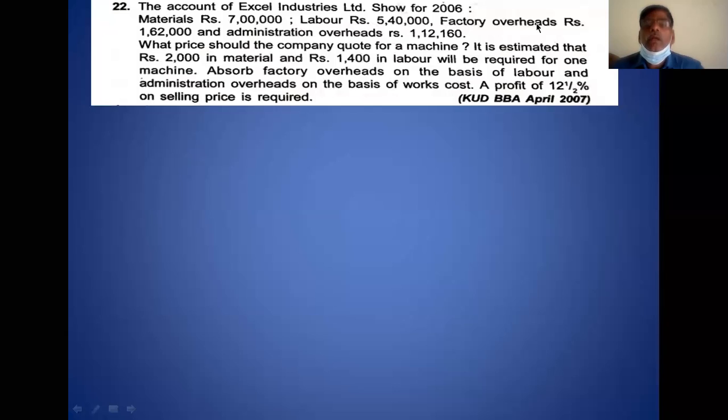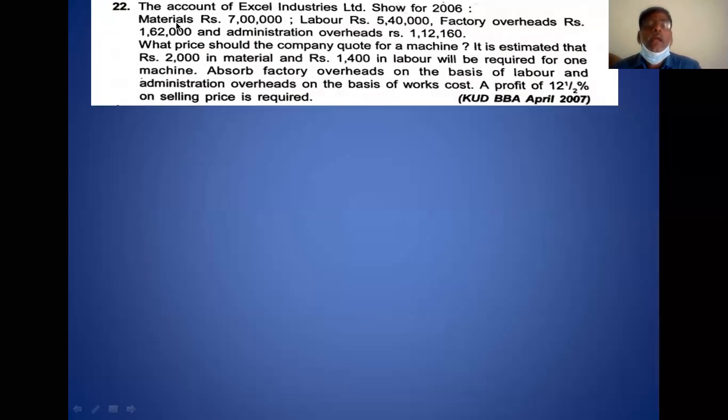Then factory overhead, rupees 1,62,000, and administrative overhead 1,12,160. This is the information regarding the cost for the year 2006.